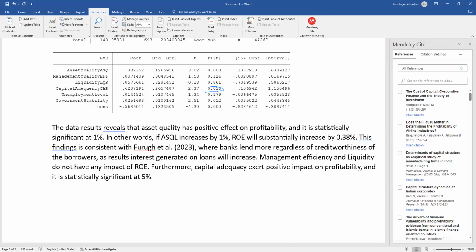Okay. So as the banks decide to expand their businesses.